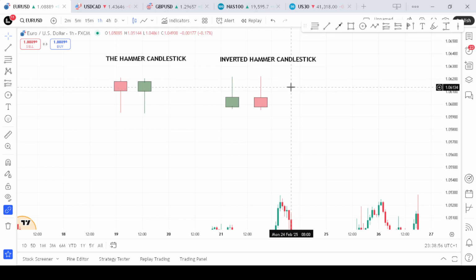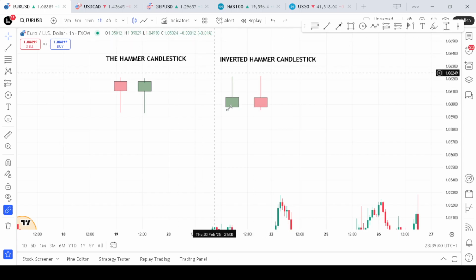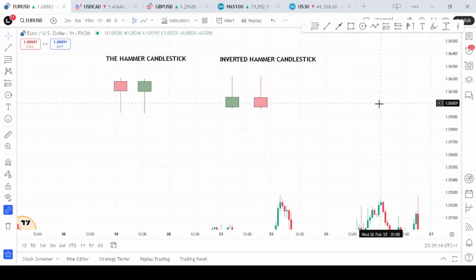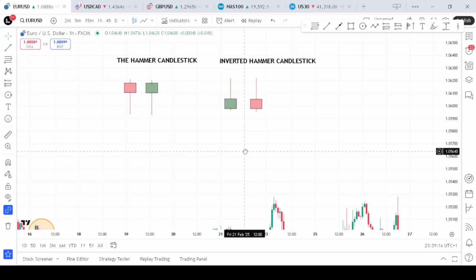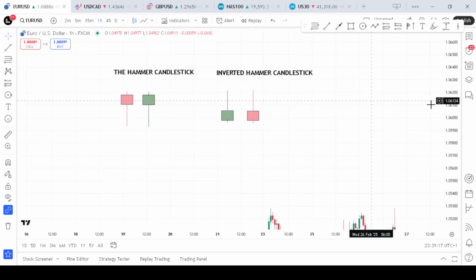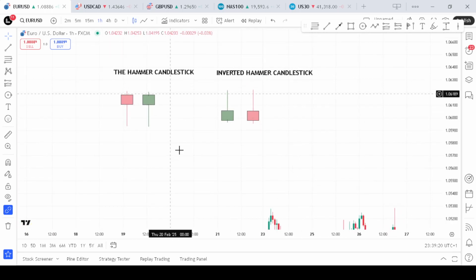It reflects buyers attempting to push price upwards in the downtrend, even if they were ultimately unsuccessful during this particular session. This is what it means. So it is more like a risky option, but it is a reversal pattern.